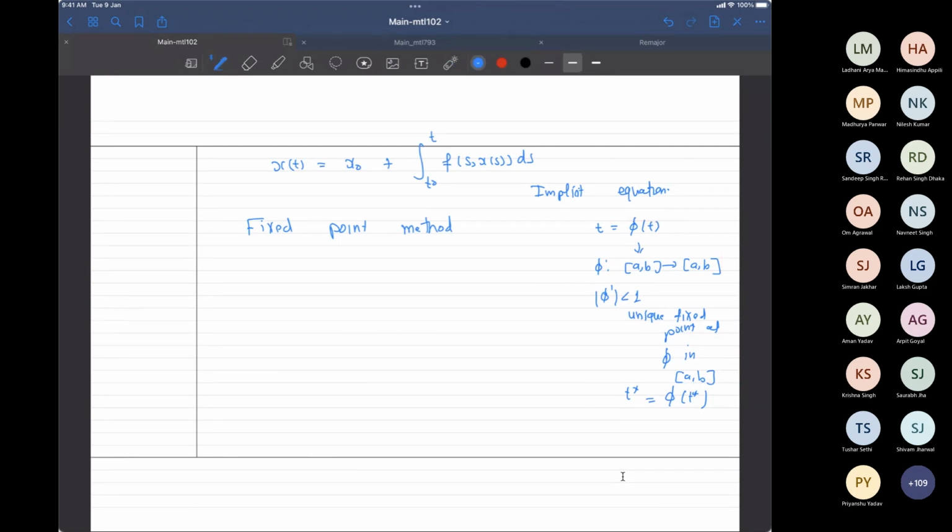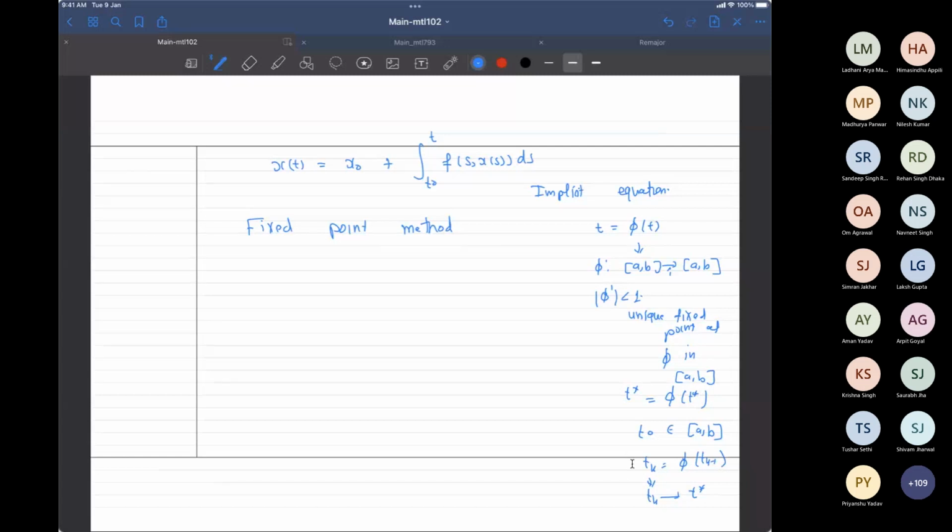And we recall the fixed point iteration: you take any t naught in [a,b], and define t_k equal to phi of t_{k-1}, and this will always converge to t star if these two conditions are satisfied.